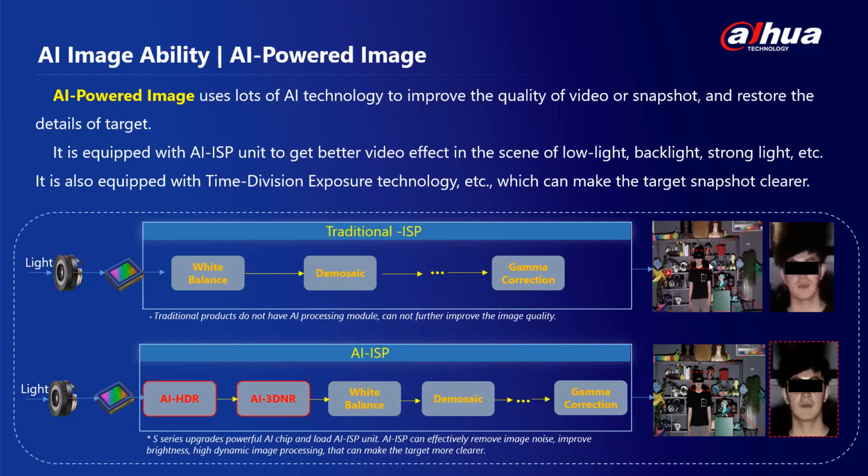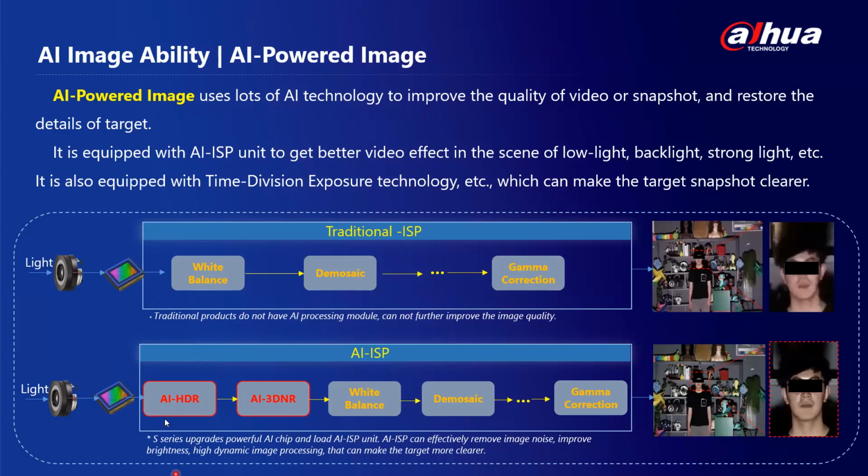So in this case, these are the kind of output that will be generated by this traditional ISP from these traditional cameras that are not of the WizMind S level. On the WizMind S, we support the AI ISP, the image signal processor, which basically enhances the product in such a way that it can be visible enough.